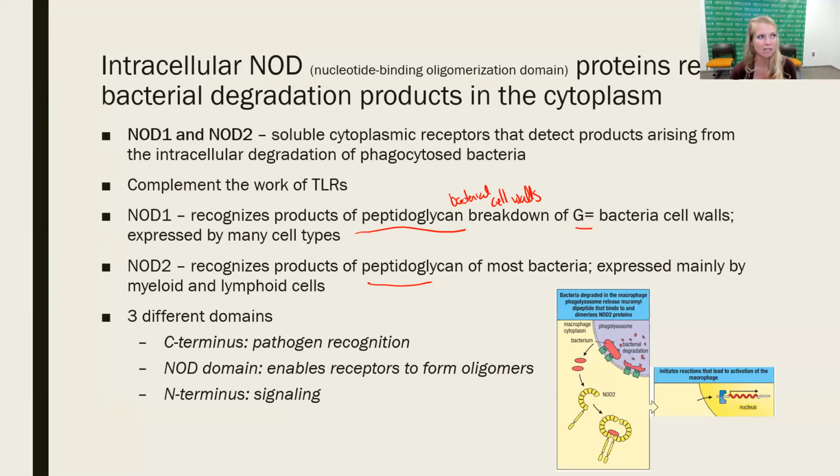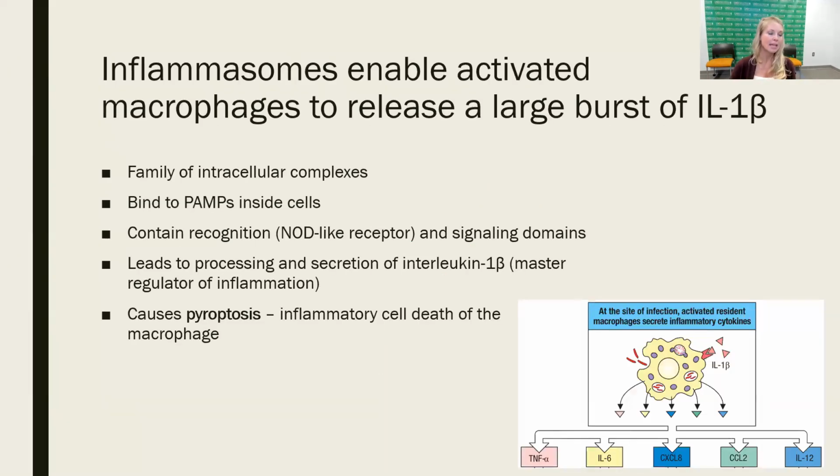So TLRs, NODs. And in the end, what these are doing is really getting the cells to be great at their work. So the pro-inflammatory cytokines will be turned on, with NODs also being engaged. And then, let's see here, what do we got here? NOD-like receptors, yeah, okay, burst of IL-1 beta.